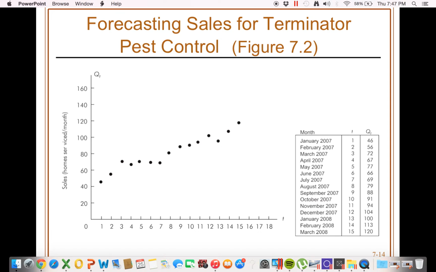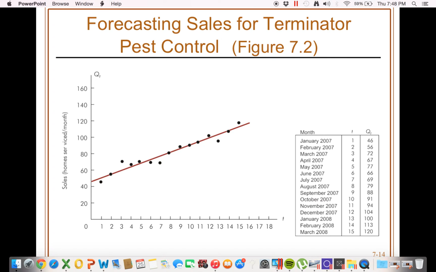So April 2008 would be time period 16. We don't know what time period 16's value would be, and we don't know what 17 or 18 would be either. The way we can obtain that is to run a regression like that.